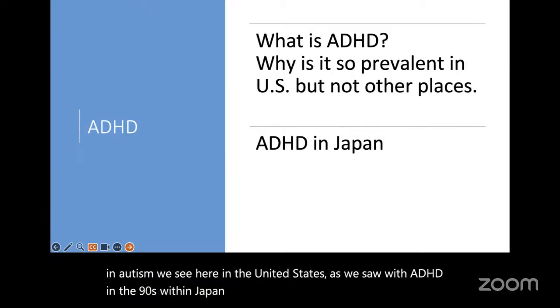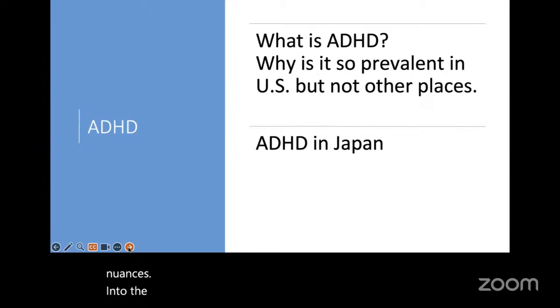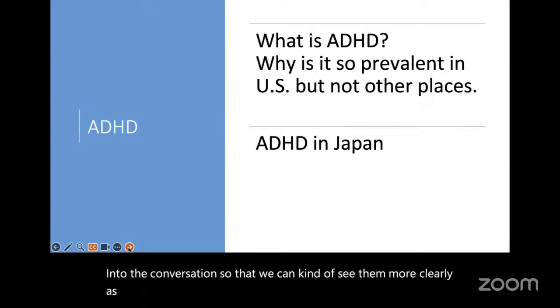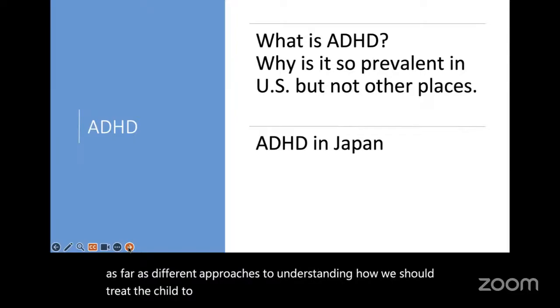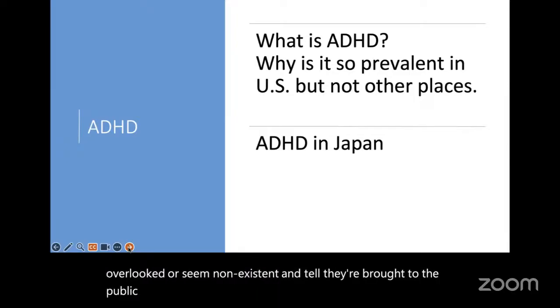So I wanted to bring these cultural nuances into the conversation so that we can see them more clearly as far as different approaches to understanding how we should treat the child, to how sometimes these disorders can either be overlooked or seem non-existent until they're brought to the public light, until they're brought to attention. Okay.